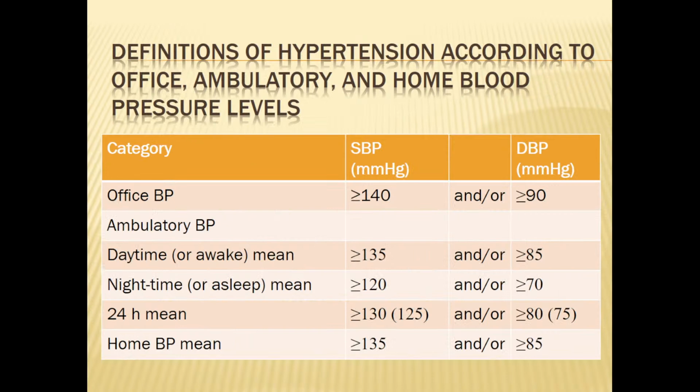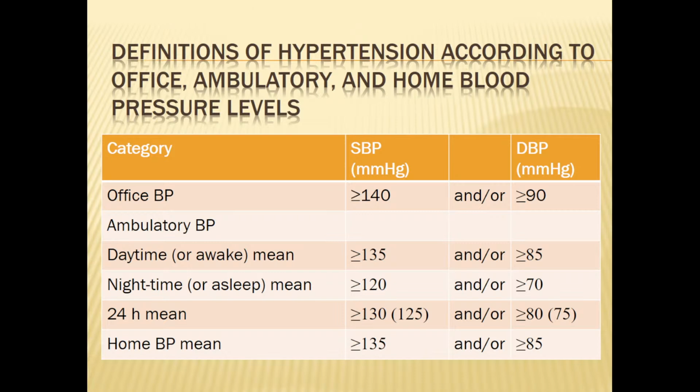So for ambulatory blood pressure monitoring, 24-hour BP with systolic BP more than 130 and diastolic more than 80 is classified as hypertension. If the average during 24 hours is more than 130 and more than 80, this patient is classified as a hypertensive patient. At daytime, BP more than 135 systolic and more than 85 diastolic, and at nighttime more than 120/70.